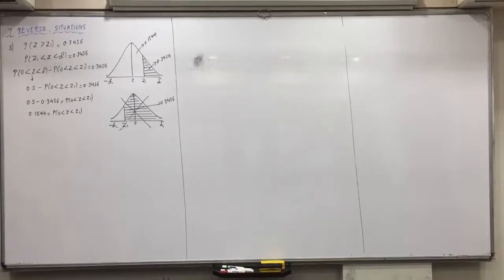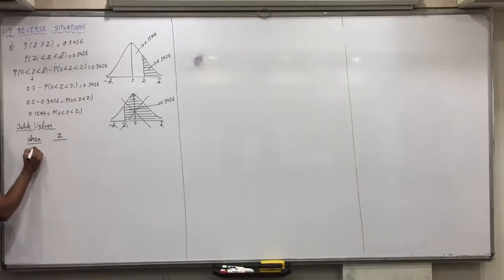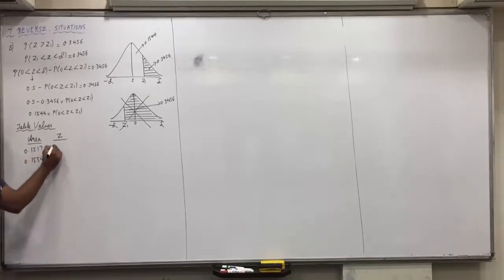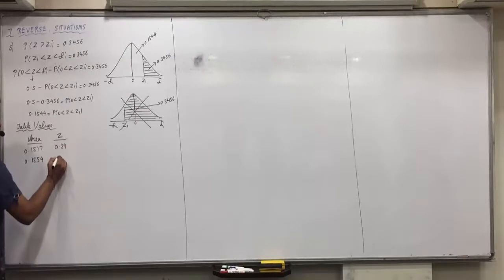Yes. Does 0.1544 come between these two or not? Yes. So now write down the table values, area and Z. You can say that 0.1544 comes between 0.1517 and 0.1554. 0.1517 corresponds to 0.39 and the other one to 0.40.